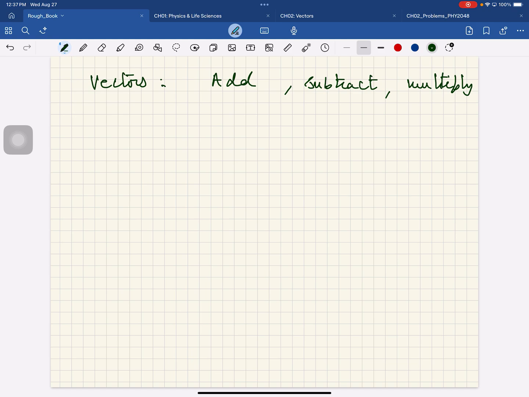So here is a vector A, and here is a vector B. Now here's the rule for vectors.